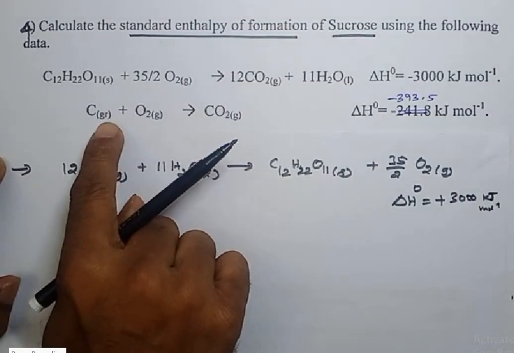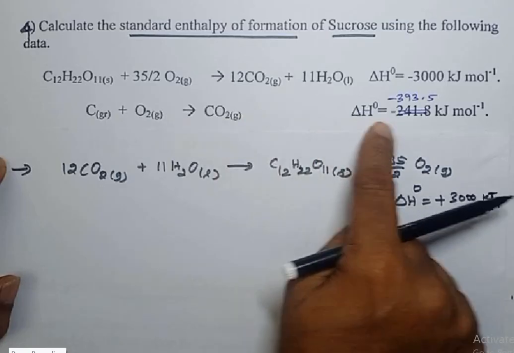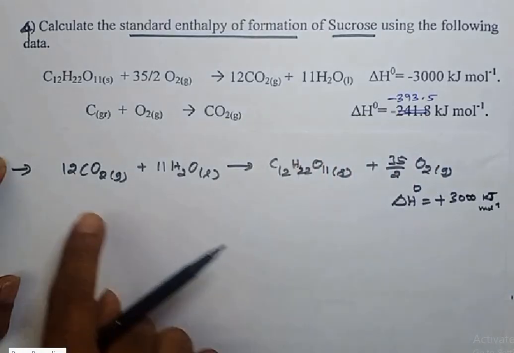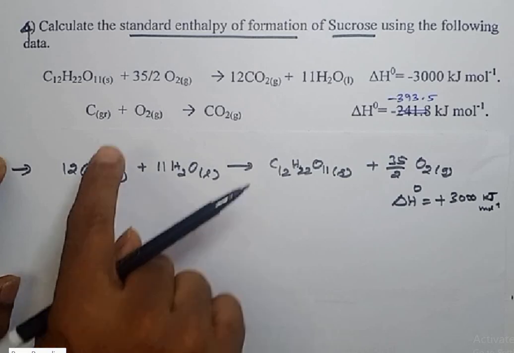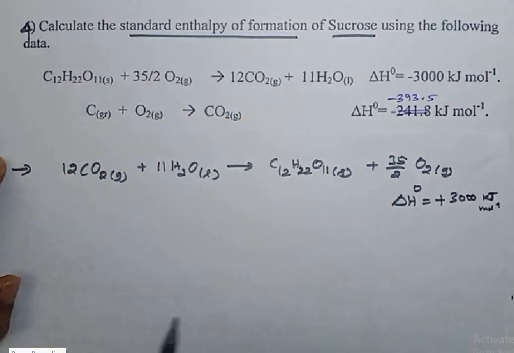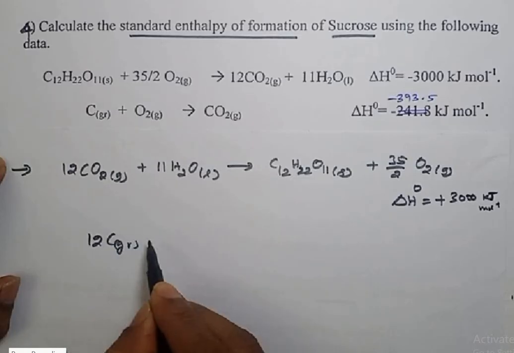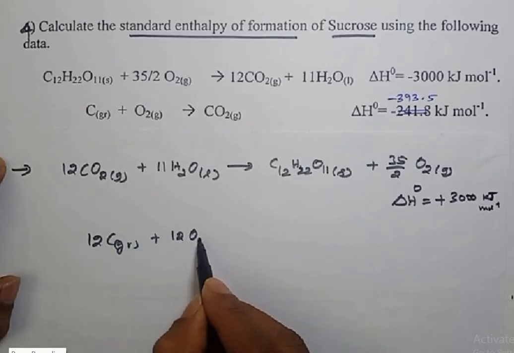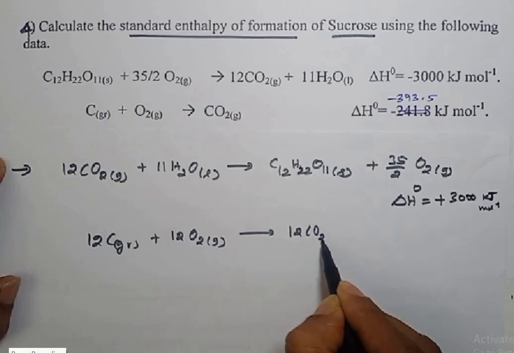Now, listen, the second reaction: graphite carbon and oxygen combine to give CO2, right? Delta H naught is given. Now, I have 12 CO2 here, so I will multiply this throughout by 12. So, what we get is 12 carbon graphite plus 12 O2 gas giving 12 CO2 gas.